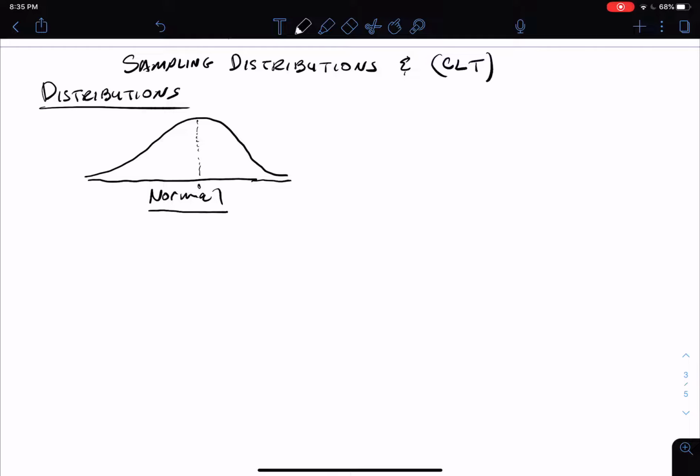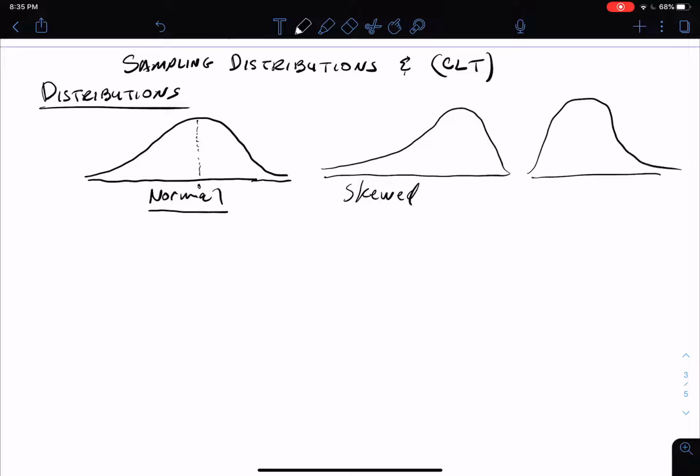But the thing is, not everything has a normal distribution. We looked at some that look like that, which would be skewed to the left, and some skewed to the right.